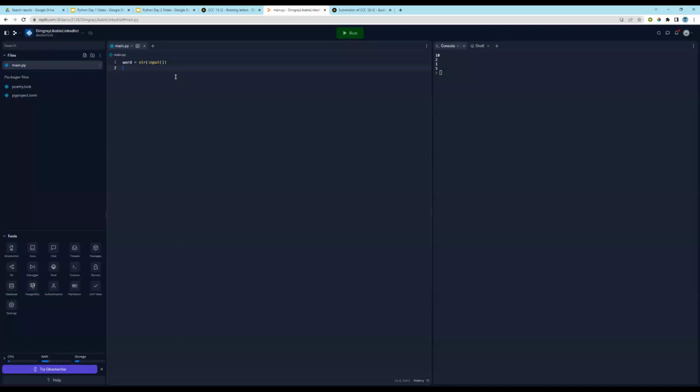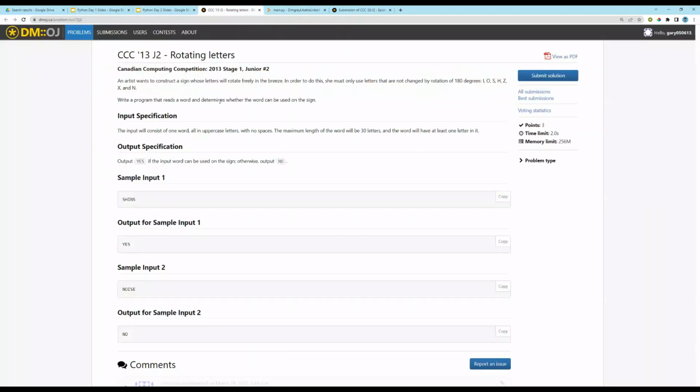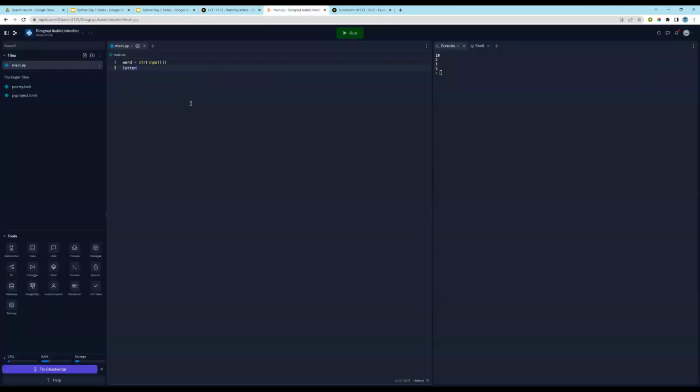So this is our bank of flippable letters: the letters equal I, O, S, H, Z, and then X, N. These are the acceptable letters.